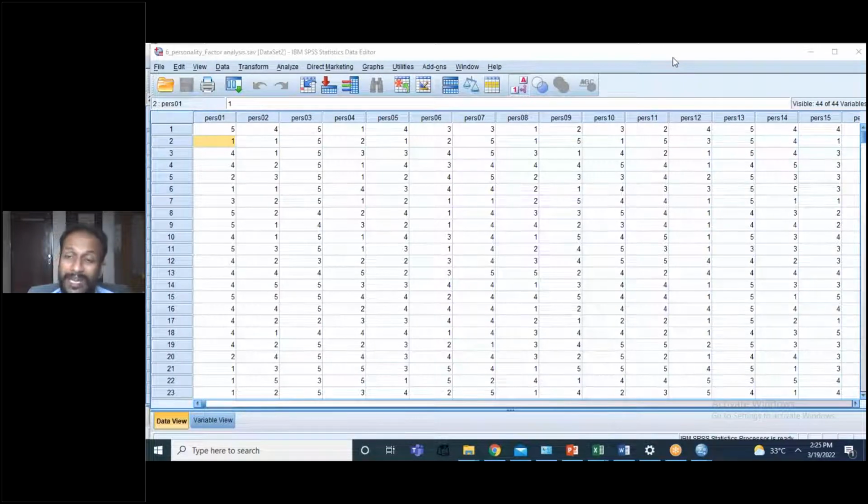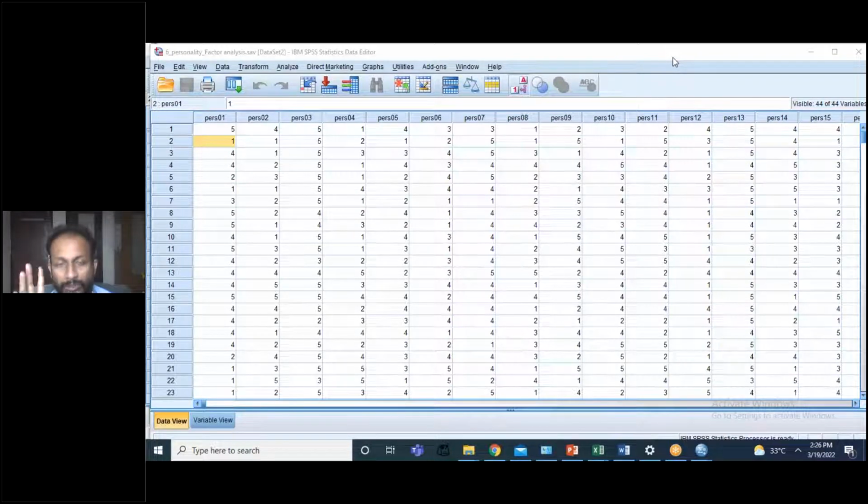So what happens is that this interrelationship constitutes something called factors. Based on the interrelationship only, we are grouping these variables as component 1, component 2, component 3, like this. And then we name those components, and after naming them, we use them for our analysis purpose.